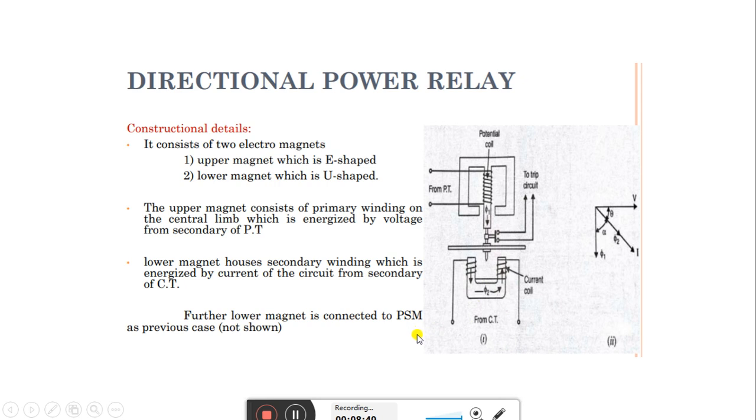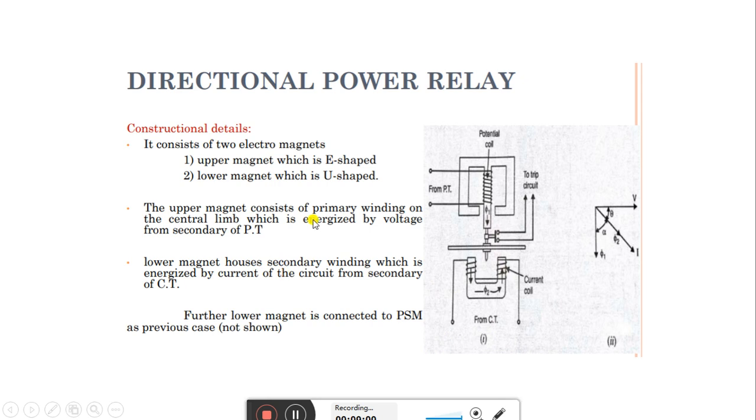The purpose of the flux setting multiplier is to set the different ranges of the current required to flow in this current coil, and based on that the current setting is provided.